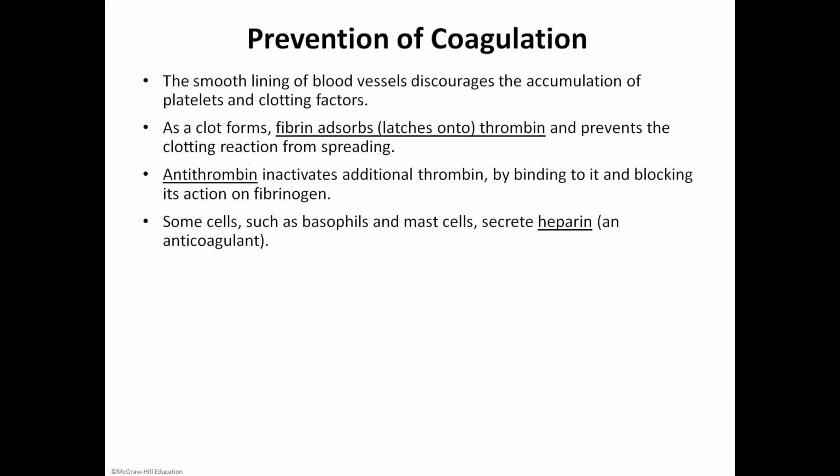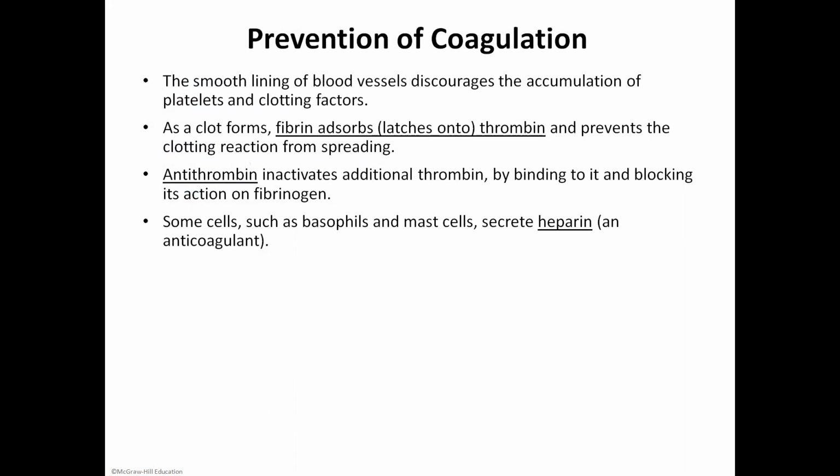All right, and again, we can prevent coagulation from taking place. So again, we like blood coagulation to happen when you actually have bleeding taking place. But as the clot forms, fibrin is going to absorb thrombin, and it prevents the clotting action from spreading.